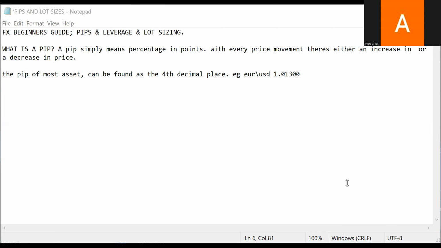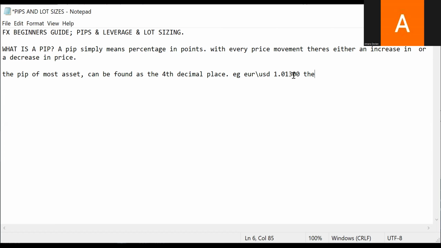Okay, 1, 2, 3, exactly. So this last zero here, at the end of the day, is the pip, the number that is found in the fourth decimal place, which is after the decimal. We have 1, 2, 3, 4.